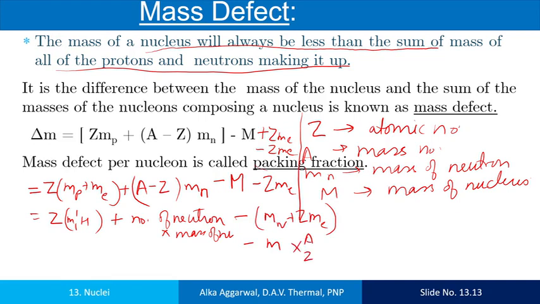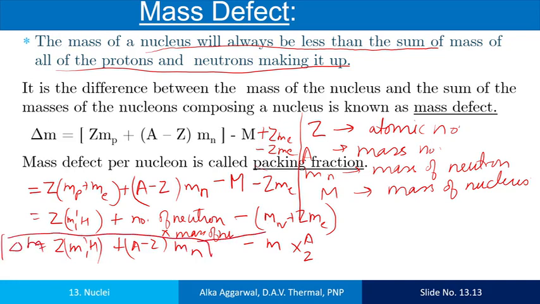And the rest of the equation remains the same, that is, the number of neutrons into the mass of a neutron, and Z times the mass of a hydrogen atom. We can also use this relation to find the mass defect. Thank you and have a nice day.